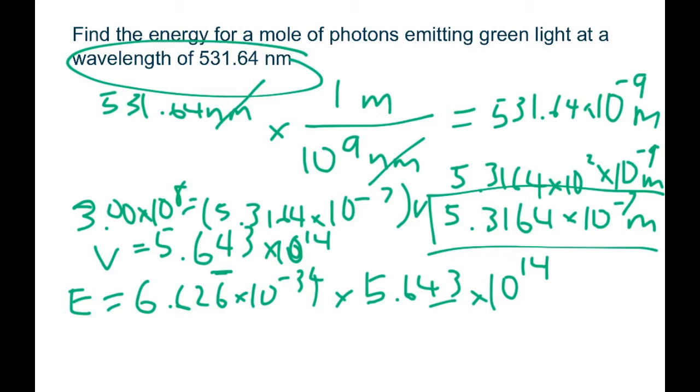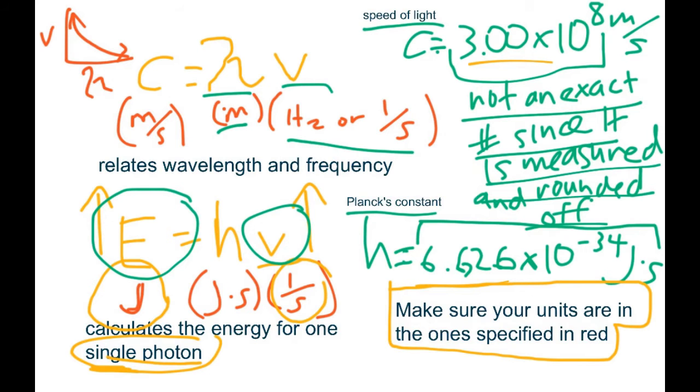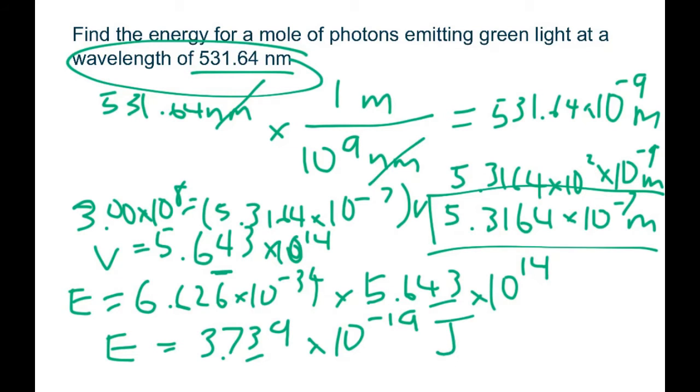And doing this in your calculator, you get that the energy for a single photon with a wavelength of this is going to be 3.739 times 10 to the negative 19. What unit do we use? Oh no. Well, if you remember, this is in joules, so our answer will be in joules.